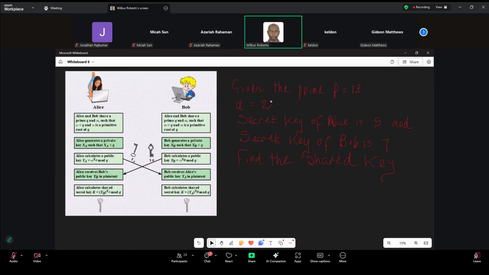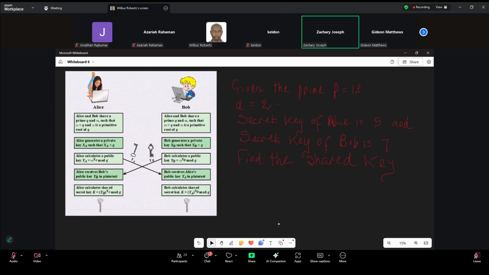Under Alice, what is the first box? What does the first box say under Alice?